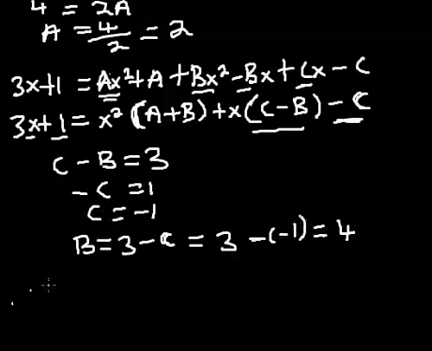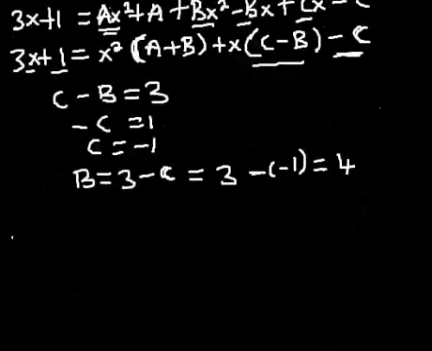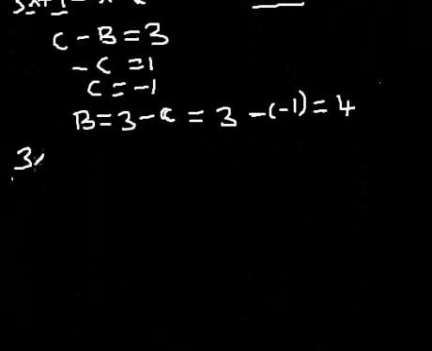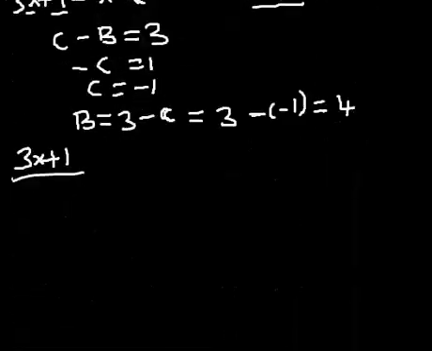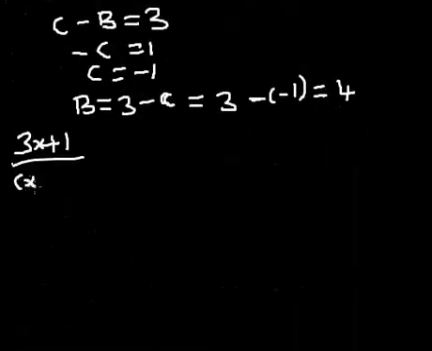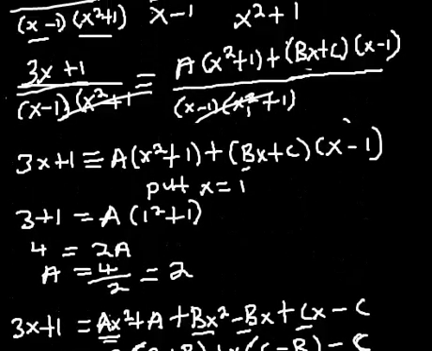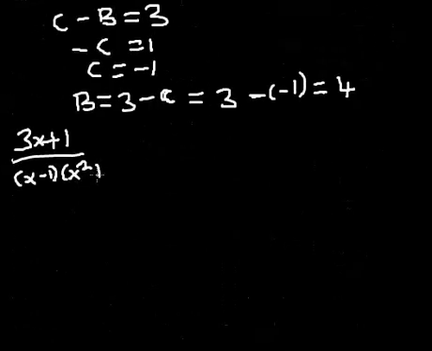So I can now express my partial fraction. That means 3x plus 1 divided by x minus 1 times x square plus 1. After being split into partial fractions, I have a. Of course, what was my a?